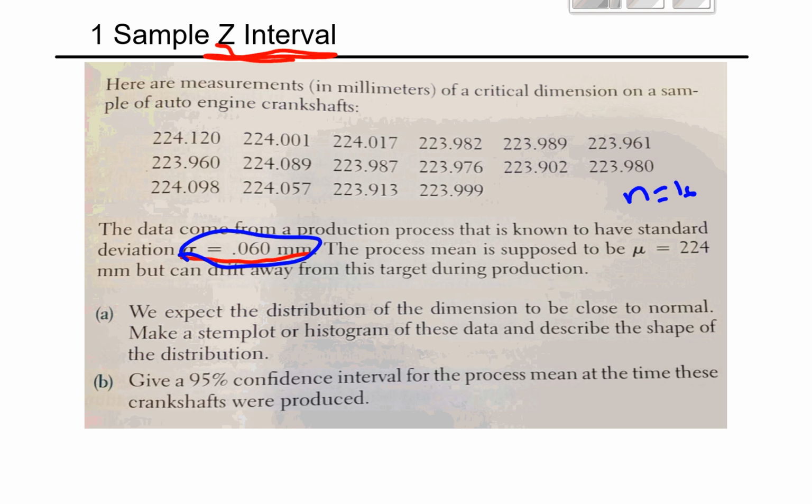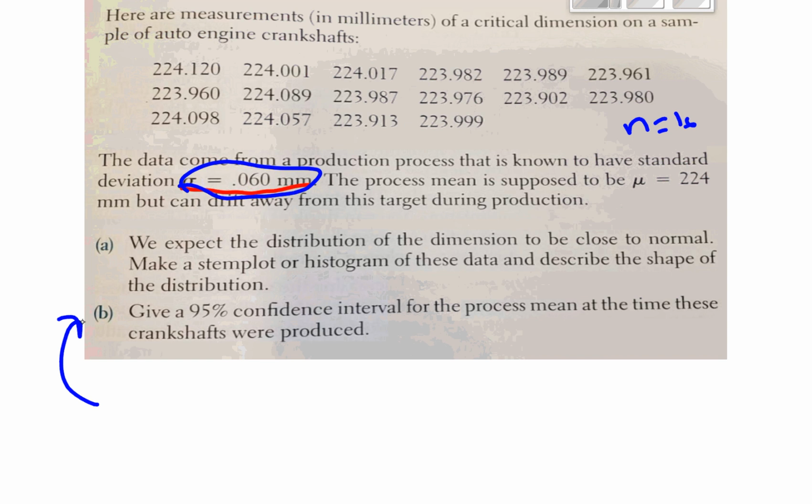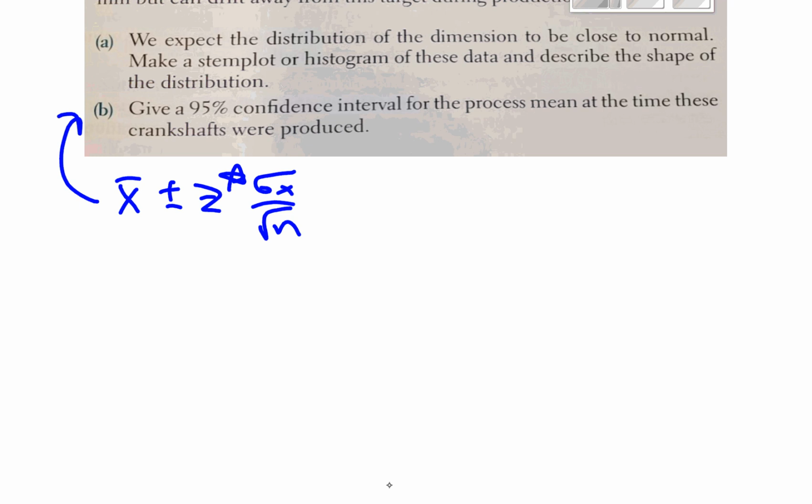Okay, in part B, they want us to give a 95% confidence interval. So we know in general, our confidence intervals look like this. It's X bar plus or minus Z star standard deviation of X divided by the square root of N. So I've already done some of the one variable statistics here, which you would need to do.